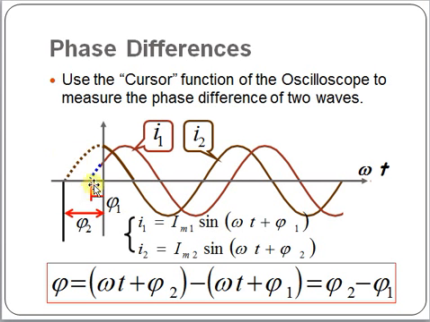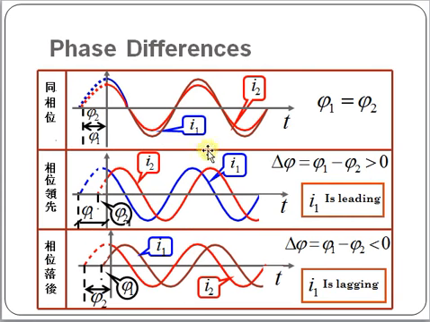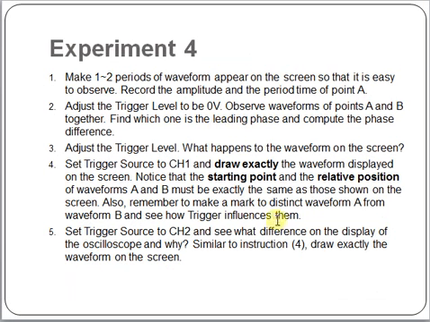You can see their relation here. Also, observe when you adjust the trigger level. When you're drawing the figure, remember that you should indicate clearly the position of the important information, such as the trigger level, which signal is A and B, and so on.